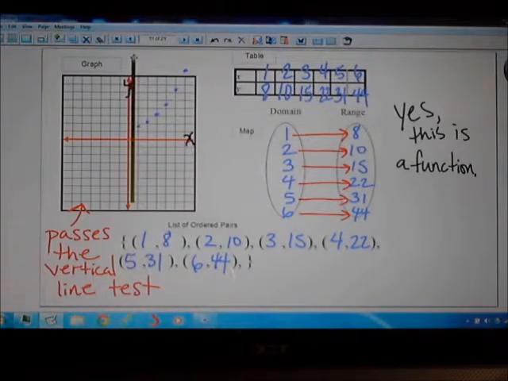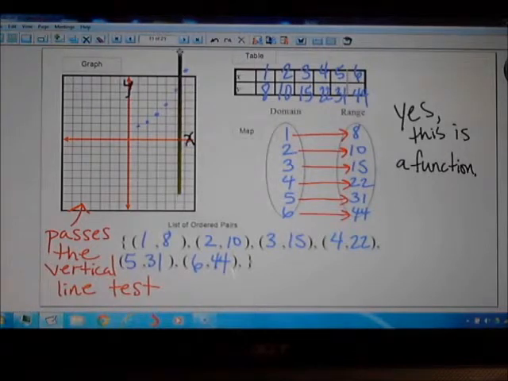If it passes through one and only 1 point anywhere along the relation, then it's a function and it passes that vertical line test. If it were to pass through a point here and maybe some other point along the relation on that vertical line, then it would not be a function. So this passes the vertical line test.